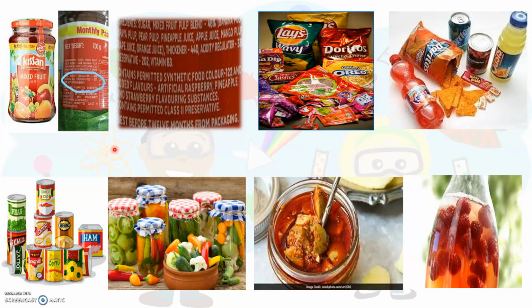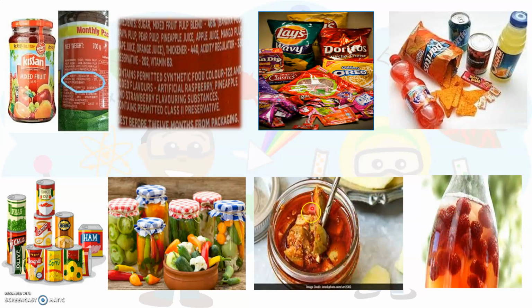Here, you can see few food products that can be prepared at home, like pickles, squashes, or fruits in sugar solution, etc. But do you know these also include food preservatives?